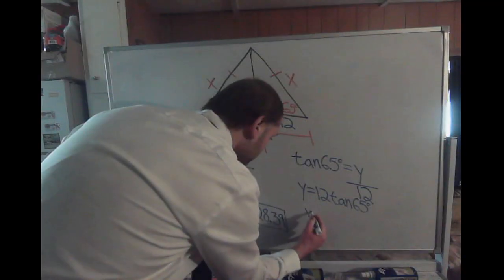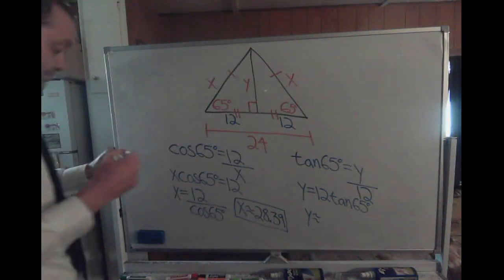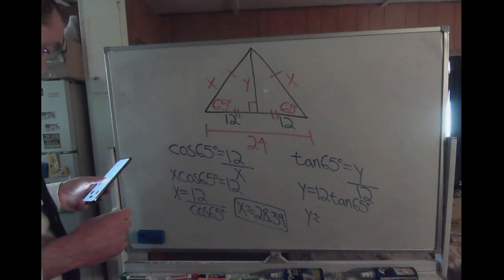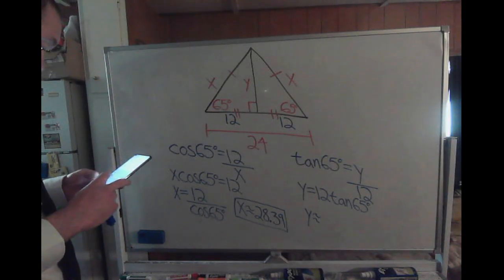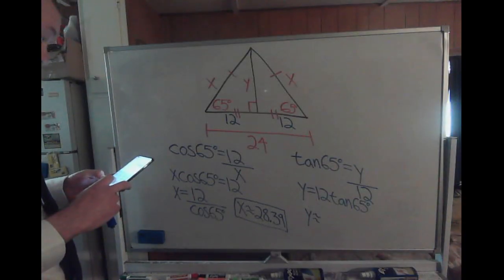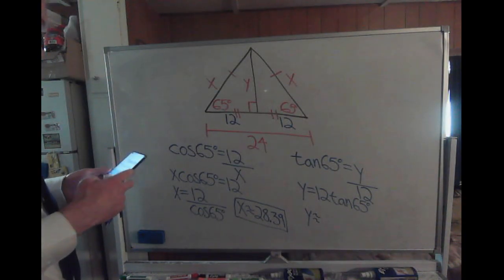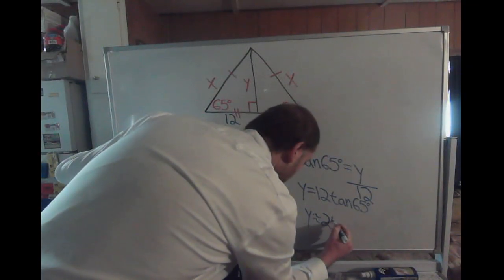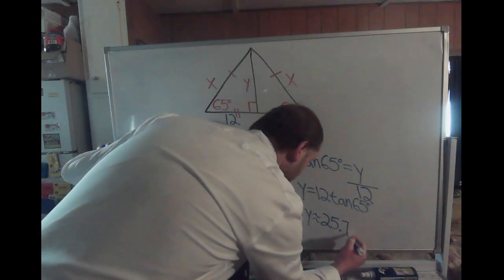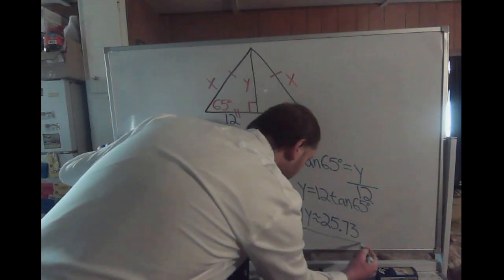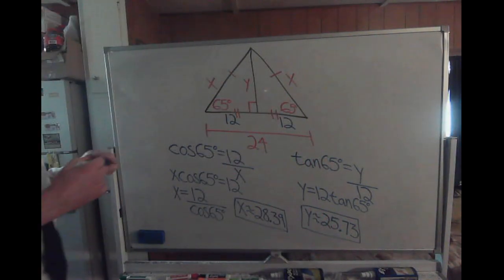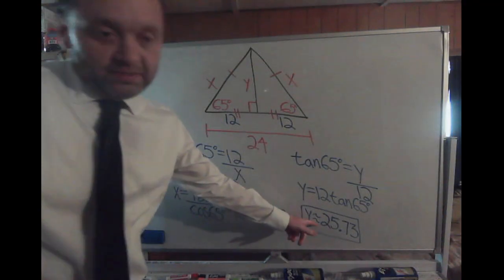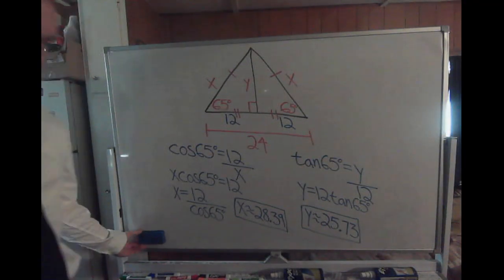And then we can do a 2 decimal place approximation, which would give you about 25.73. So x has a value of approximately 28.39. Y is approximately equal to 25.73.